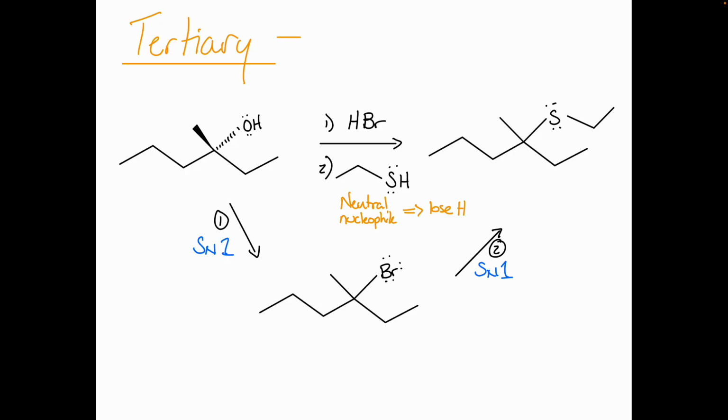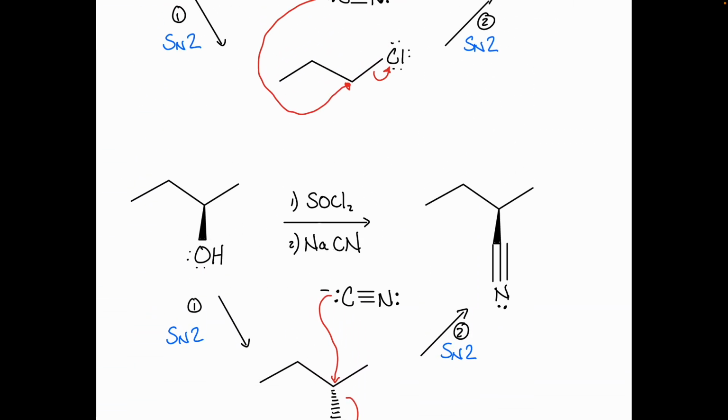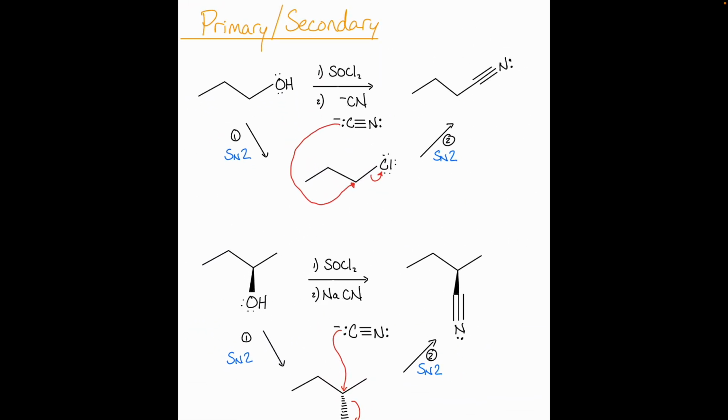So for our tertiary, we can use all of our nucleophiles. Water would be a weak nucleophile. We could use that in these reactions. For our primary and secondary, though, because these are SN2, because my nucleophile has to attack really strongly and kick off that leaving group, this will only work for those strong nucleophiles.